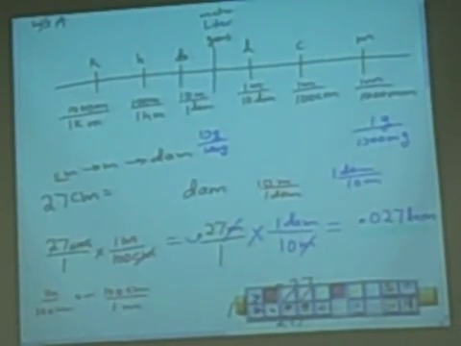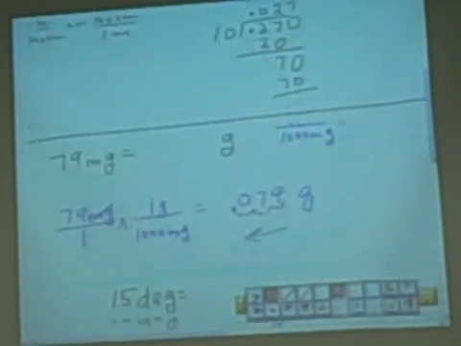Well, what's our conversion for decigrams? What would that conversion be? 1 gram over 10 decigrams, right? So the conversion is the same between kilo, hecto, deca, deci, centi, milli. The only thing that's different is is it millimeters or milligrams or milliliters? So the base unit is the only thing that's going to be different. Okay, so we're looking at 1 gram over 10 decigrams.